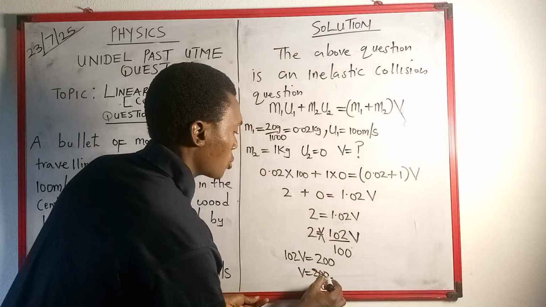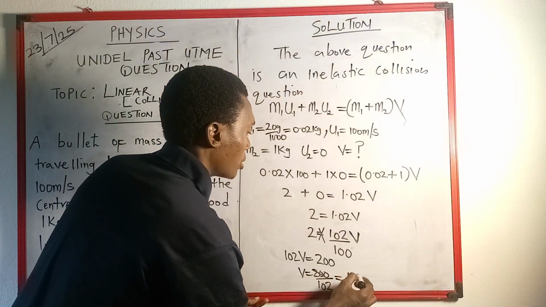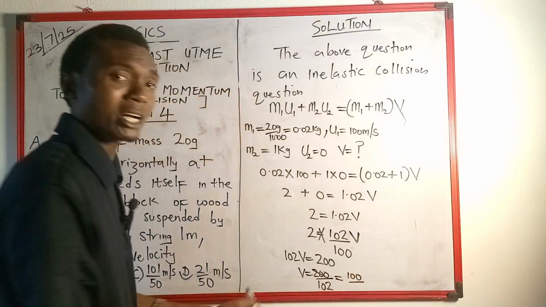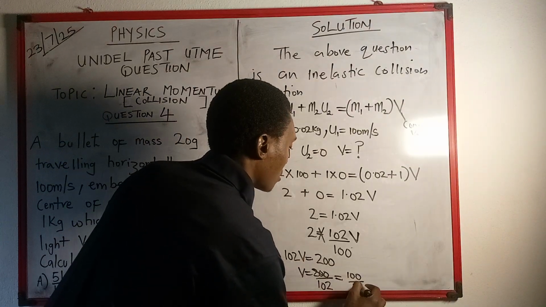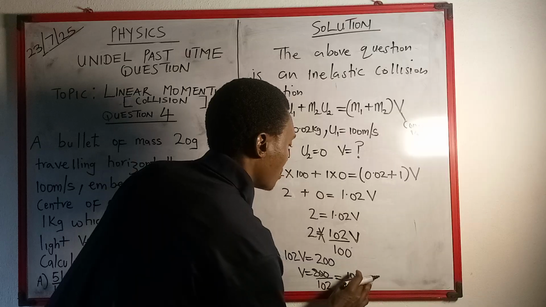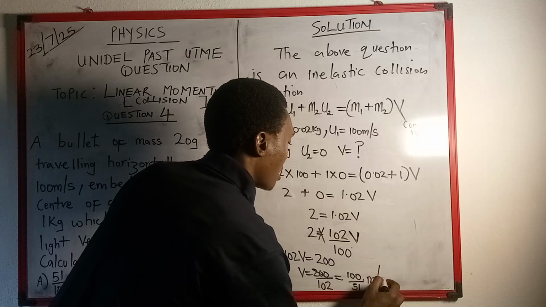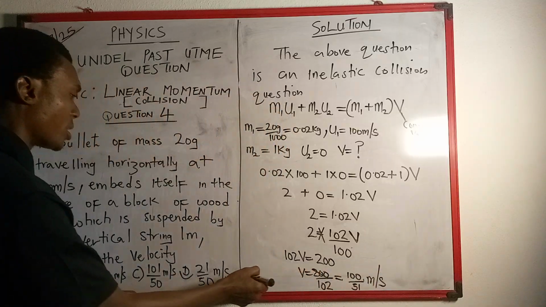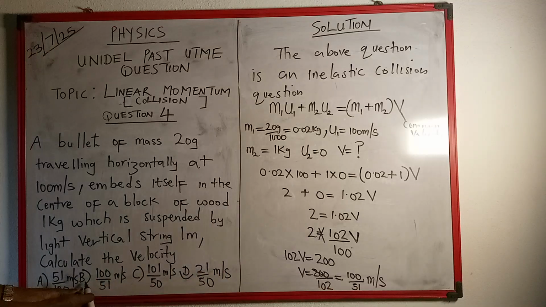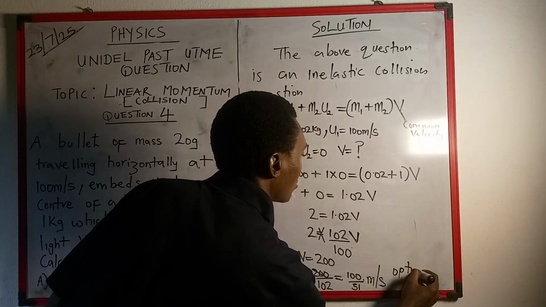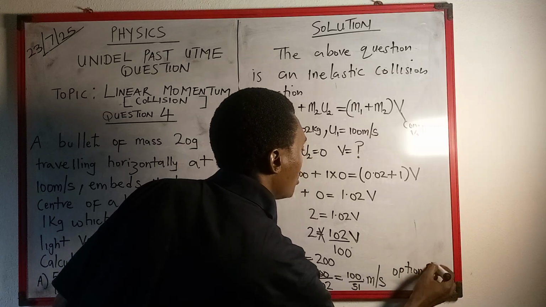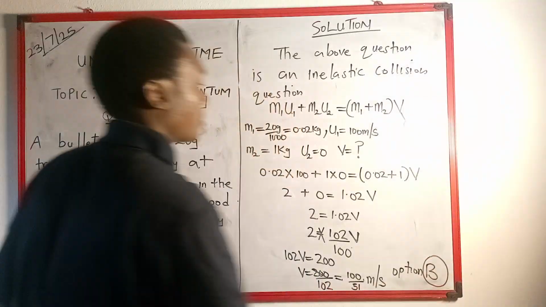Use 2 to cancel this one, you have 100. Use 2 to cancel 102, you have 51. So it is equal to 51 meters per second. And you go back to trace your answer. So the answer is option B. Option B is the final answer.